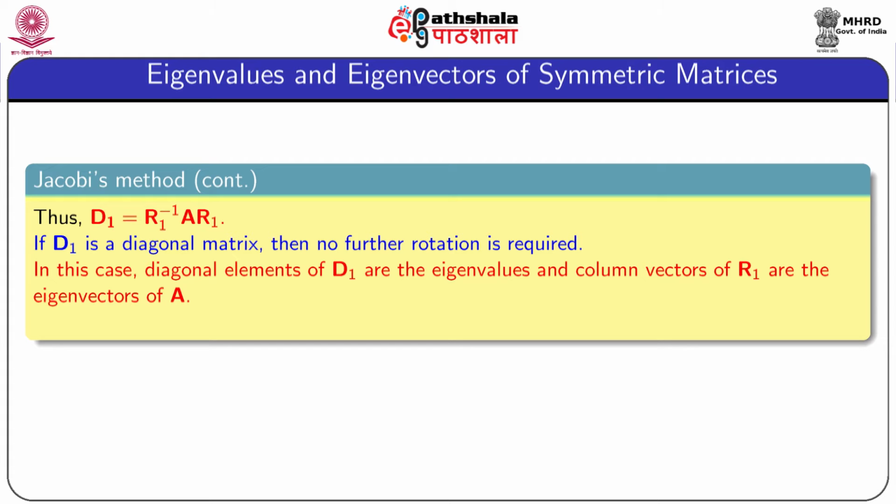If D1 is a diagonal matrix, then the diagonal elements of the matrix D1 are the eigenvalues and the column vectors of R1 are the eigenvectors of the matrix A. Otherwise, another rotation or iteration is required to get the diagonal matrix corresponding to the matrix A.